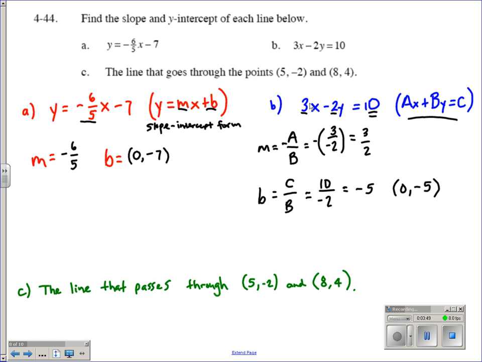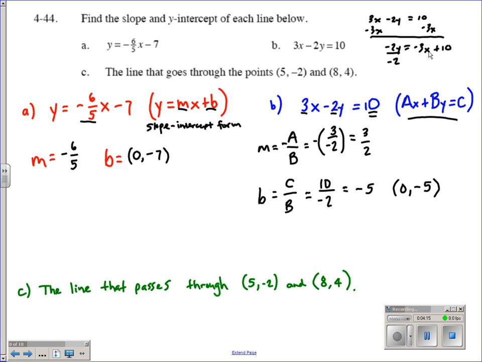If you're a little uneasy about these shortcuts, put it into slope-intercept form. Just do your 3x minus 2y equals 10. Subtract your 3x from each side. You get negative 2y is equal to negative 3x plus 10.